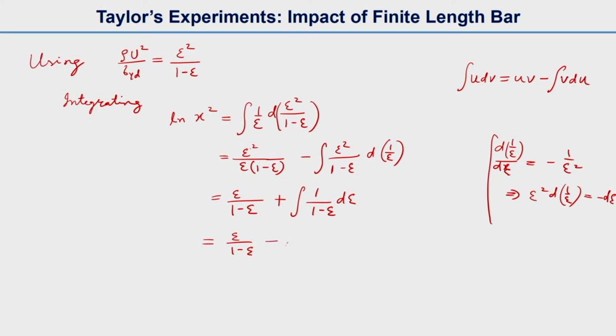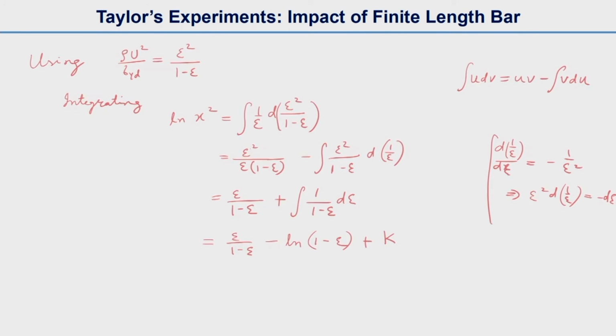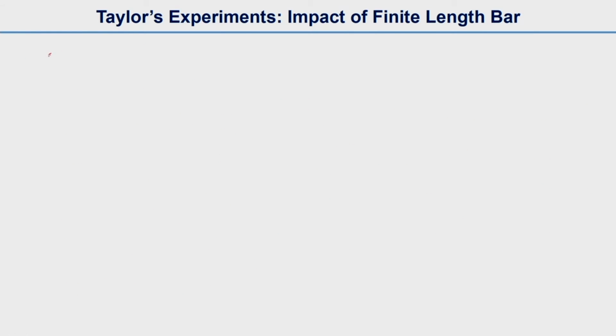When we do the integration, with a constant of integration k, we will use some boundary conditions here, like at x equal to L, where L is the initial length of the bar when impacting the rigid wall.